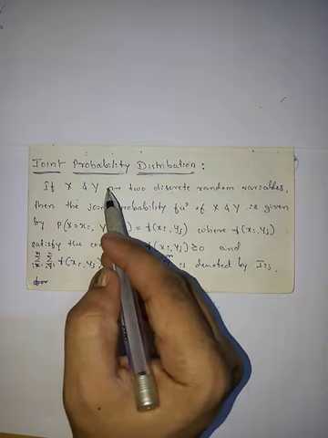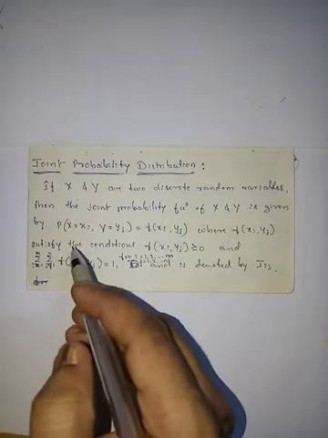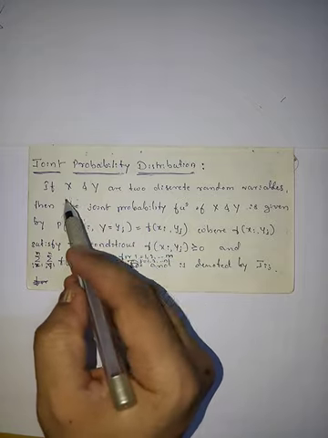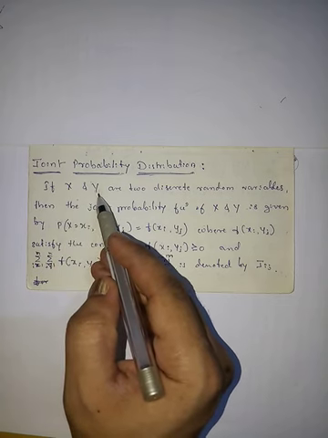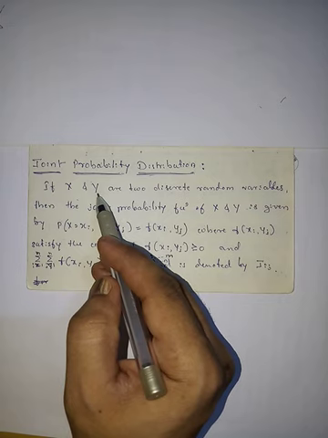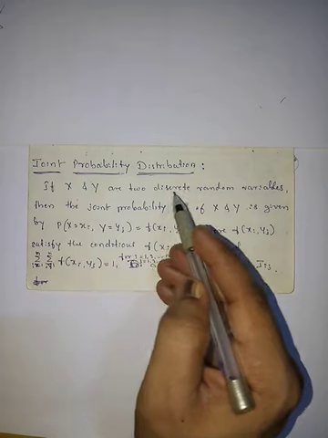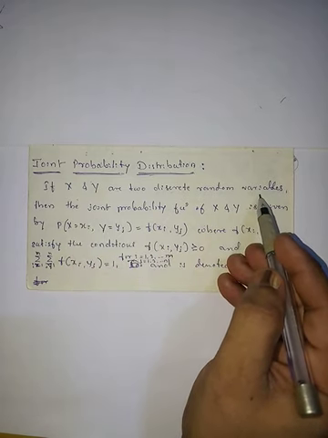Now we take the concept joint probability distribution. So here if x and y, so these capital X and capital Y represent the random variables, okay, and here x and y are two discrete random variables.